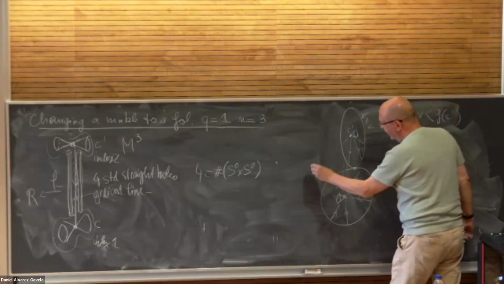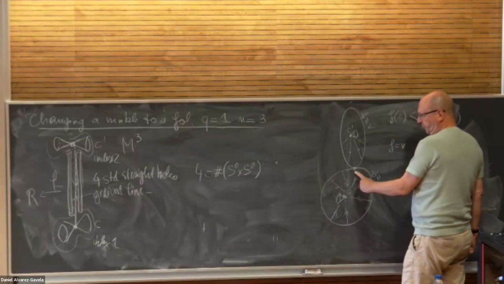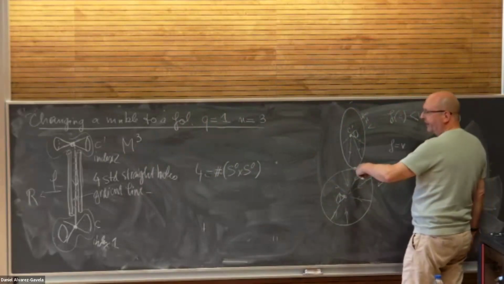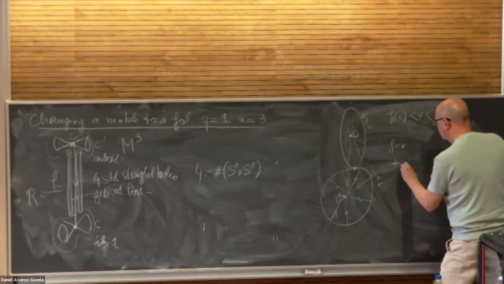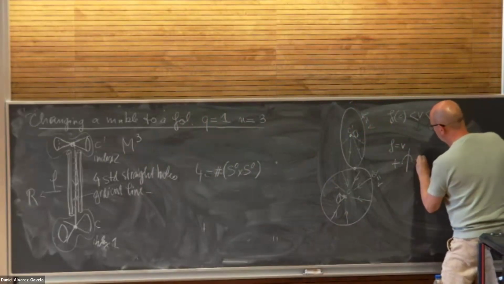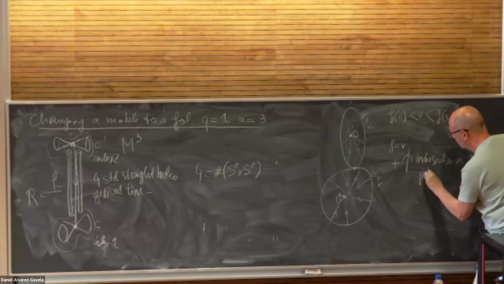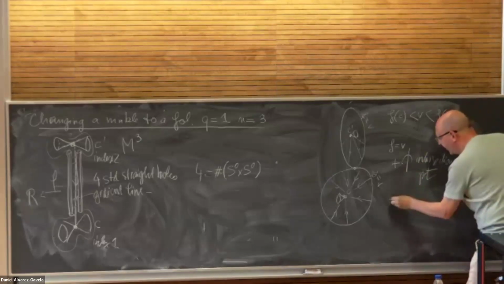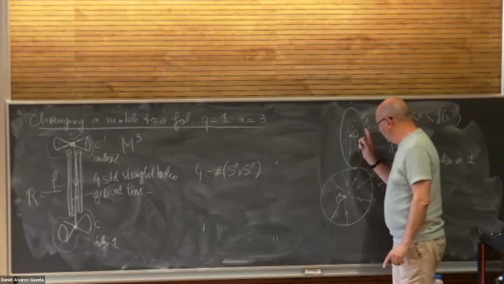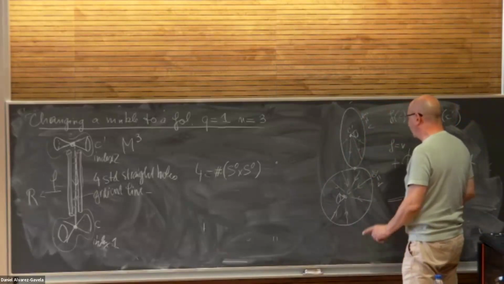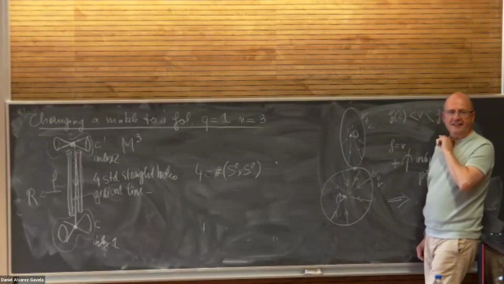And assume that in the level f equals v, the two boundary spheres meet transversely in one point. Then, says the lemma, you can cancel the two critical points by changing f in an arbitrarily small neighborhood of this union of two disks.